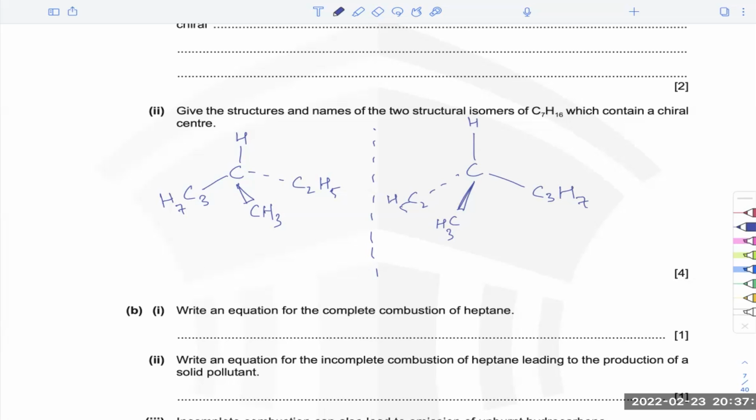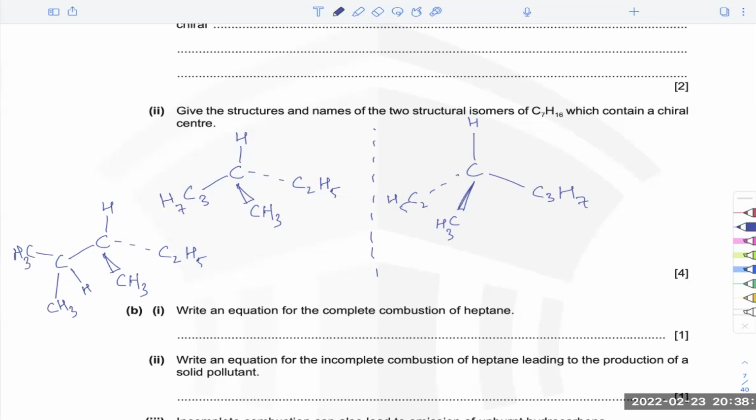You can also make some structural changes here. For example, I could copy this one, and instead of assuming that I have a straight chain on this side, C3H7, maybe I could get this thing here, where this is H, and this is CH3, and this is also CH3.